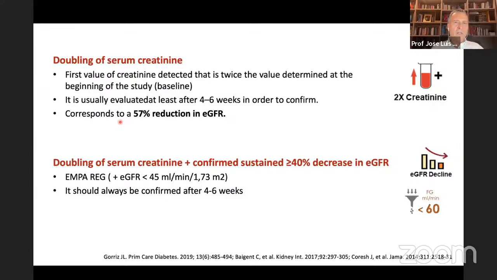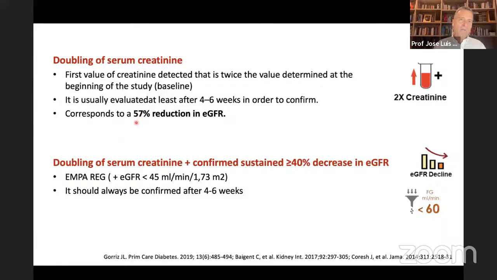It's usually evaluated at least after 4-6 weeks because you should repeat. Most of these patients in your clinics present changes in GFR, but in most cases they are functional changes due to diuretic treatment or non-steroidal anti-inflammatory drugs. And when we are analyzing these clinical trials, this doubling serum creatinine should be repeated to confirm.